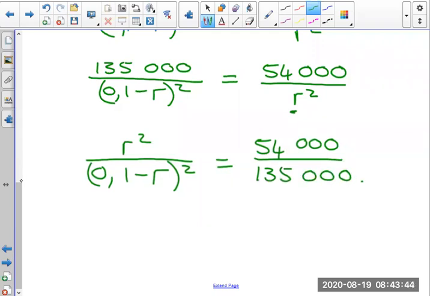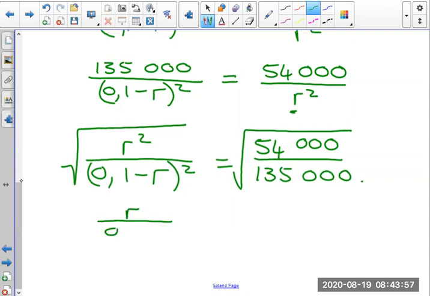To get rid of the square, I'm going to square root the whole thing. So I square root this and I square root that. Then I'm going to get r over 0.1 minus r. Can you see that? So now the squares are away.